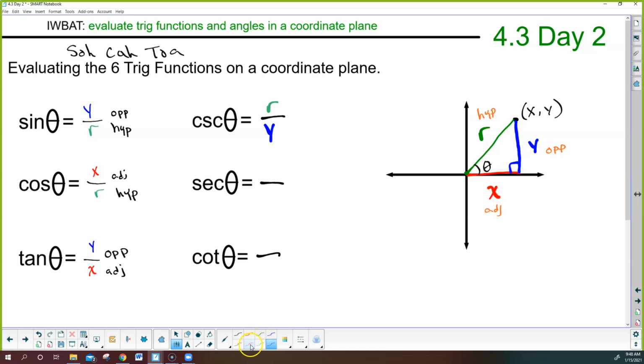And then adjacent over hypotenuse, that was cosine, so its reciprocal is hypotenuse over adjacent. And if tangent is opposite over adjacent, then cotangent is adjacent over opposite.